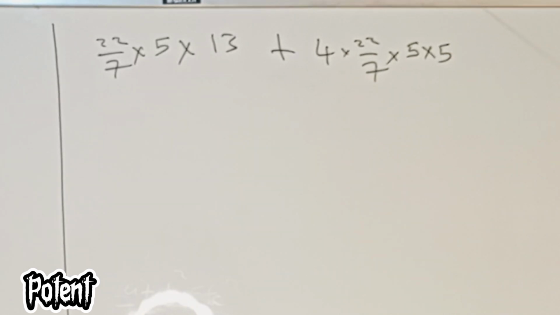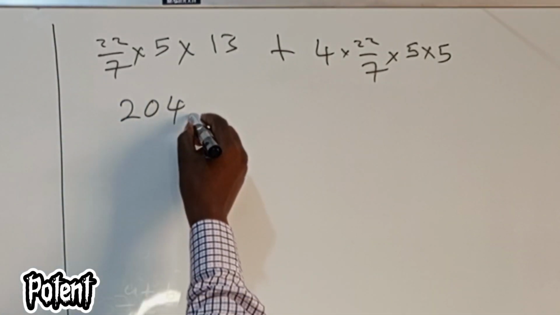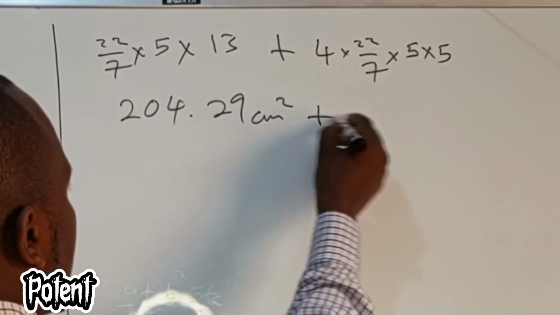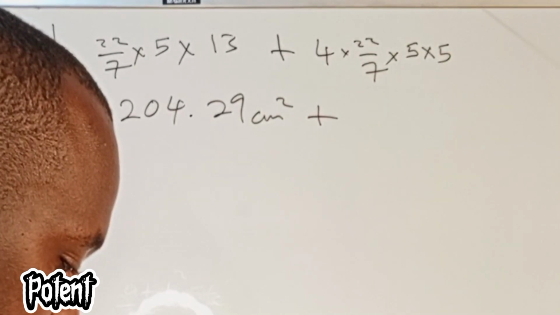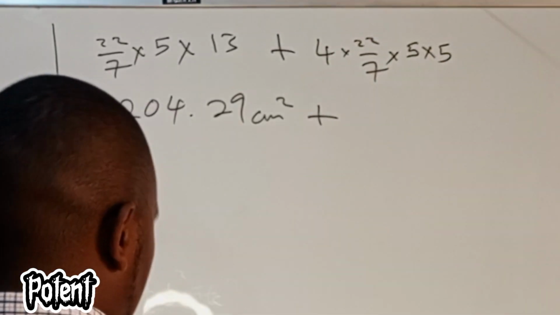This should give you 204.29 centimeter squared plus 4 times 22 divided by 7 times 25, which is 5 squared.